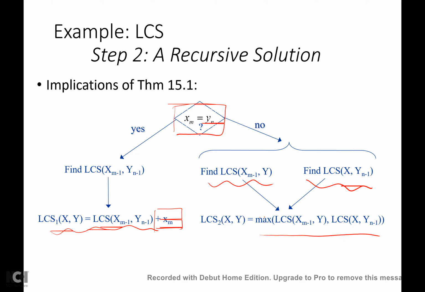We use the maximum of the longest subsequence of x minus 1 with the whole y, or the longest subsequence of the whole x with y and n minus 1. So this one we are sure yn will not be equal to zk. And this one corresponds to we are sure xm will not equal zk.